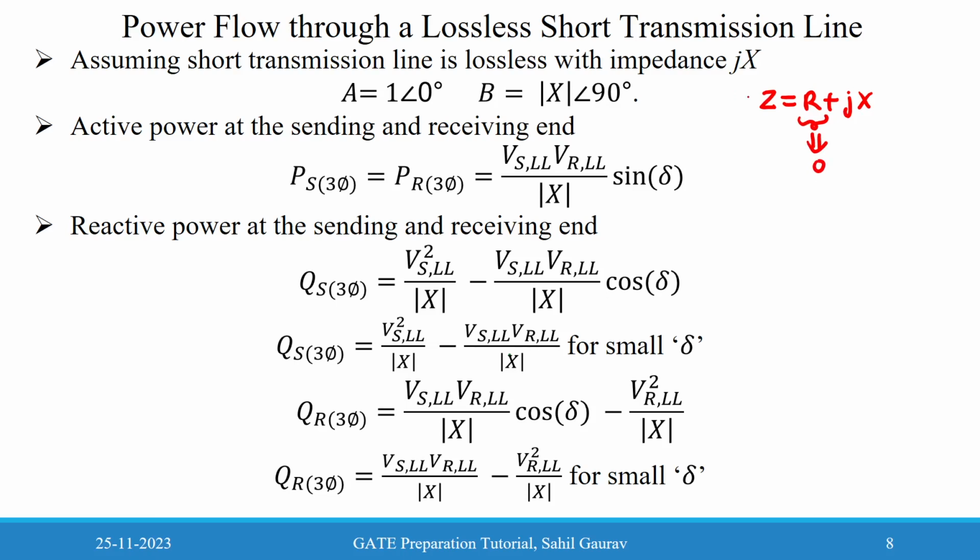So simply in the place of Z you have to put the X value, and in the place of theta you have to put 90 degree. So in the previous expression you have to put mod X in the place of mod Z, and in the place of theta you have to put 90 degree.